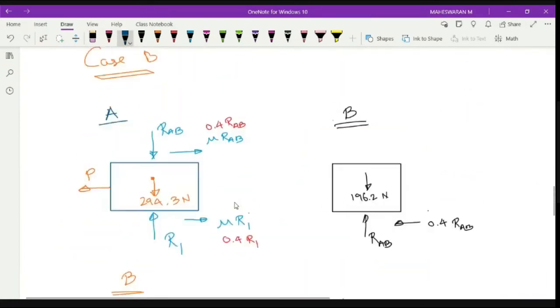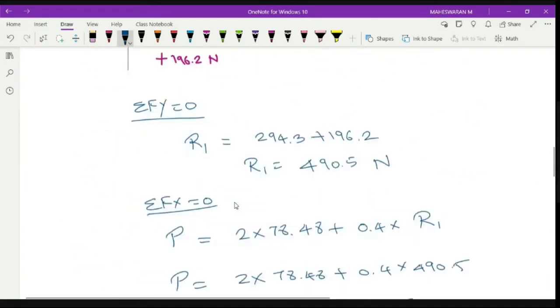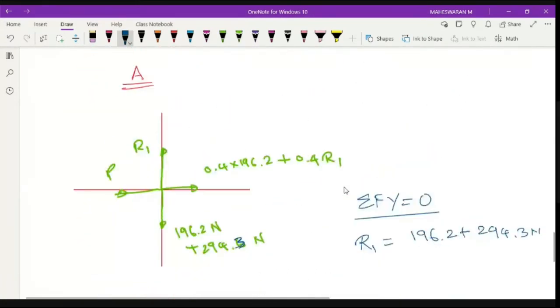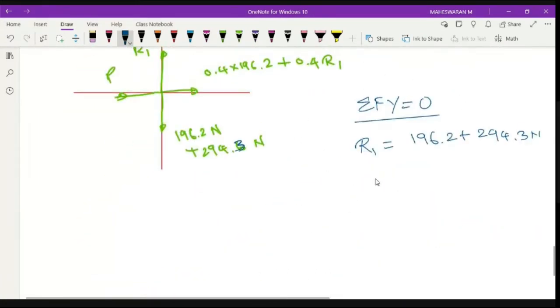Okay, so I think there is no change in this. R1 is again 490.5 Newton. Right. So now I'll put sigma Fx is equal to 0.